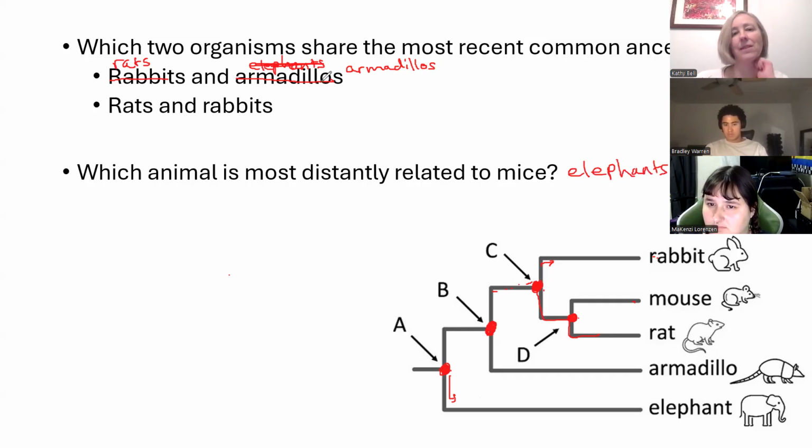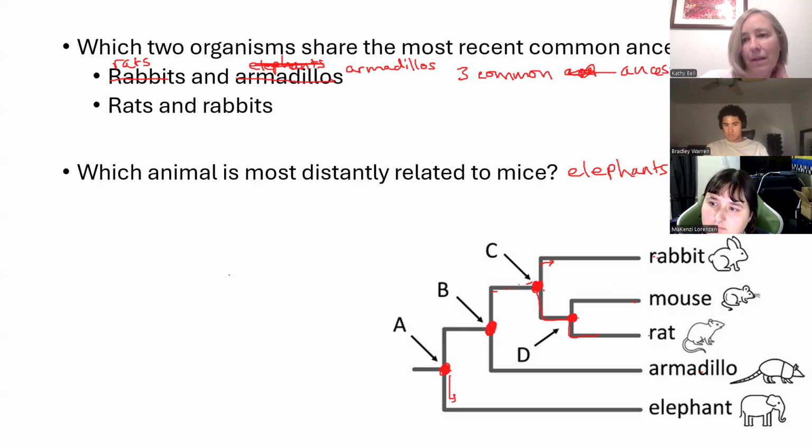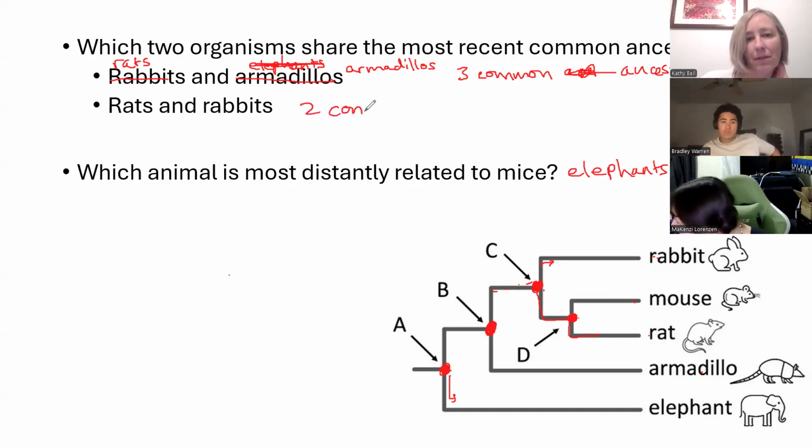Because if we did rats and armadillos, the rats, 1, 2, 3 common ancestors. Whereas between the rat and the rabbit, there's only 2 common ancestors.